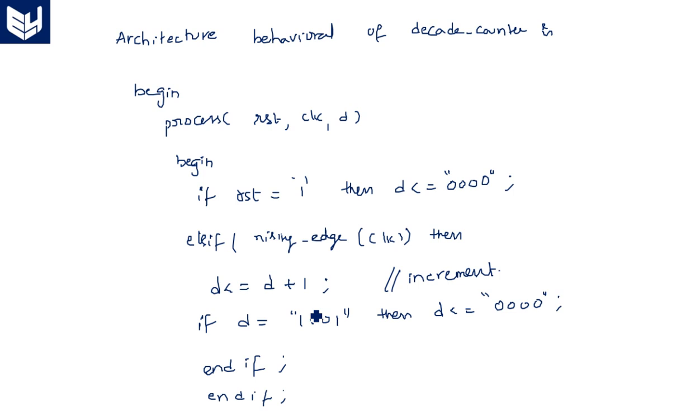Whenever 9 occurs in the output of the counter, automatically reset will occur again for the next clock pulse. Okay, this is the VHDL code of the decade counter 7490.